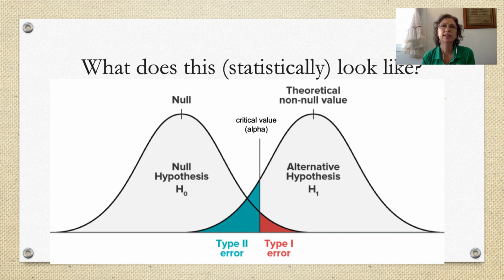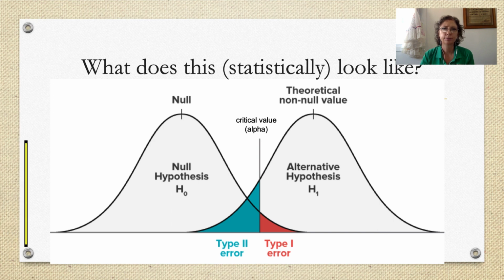Now, what does this statistically look like? Well, here we have the distribution of where the test estimate would occur if the null hypothesis was true, and this is where the test estimate would occur if the alternative was present.